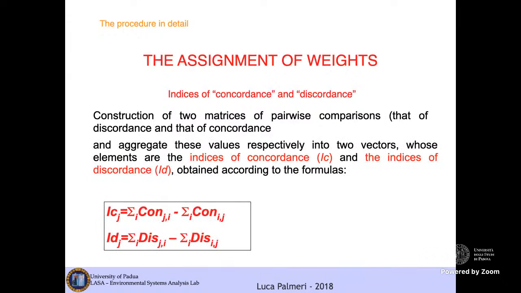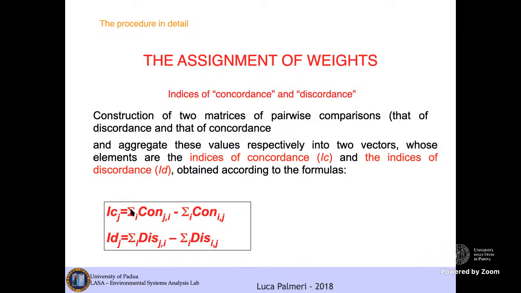Let's construct the two matrices by pairwise comparisons, that of discordance and that of concordance, and aggregate these values respectively into two vectors whose elements are the indices of concordance IC and the indices of discordance ID, obtained according to the following formulas.